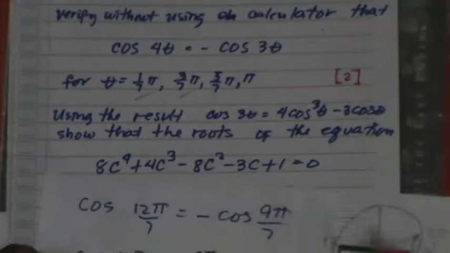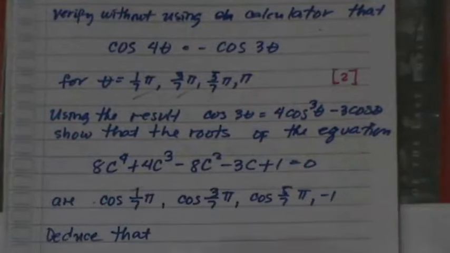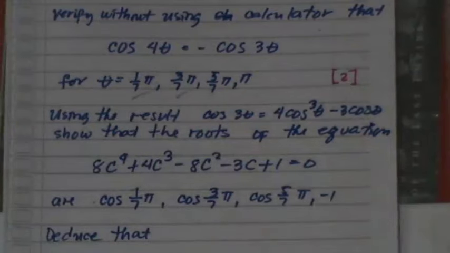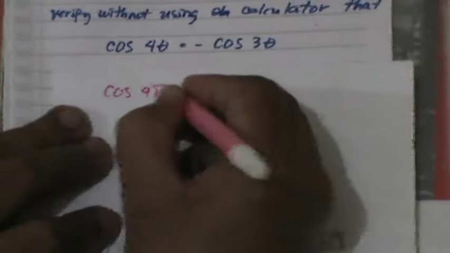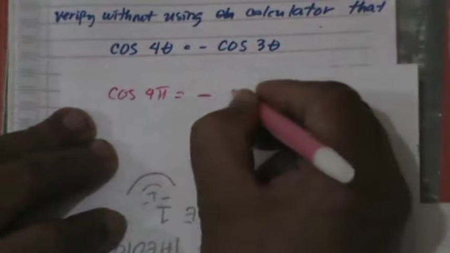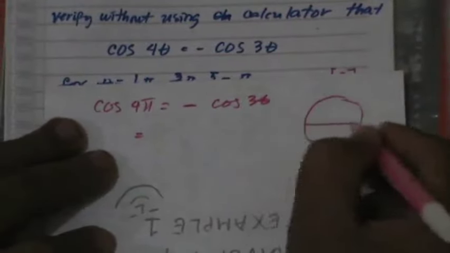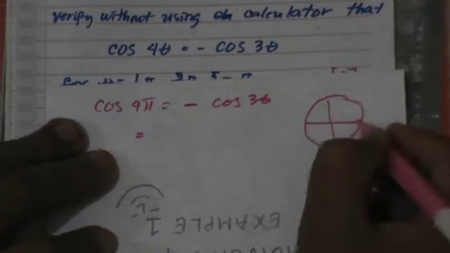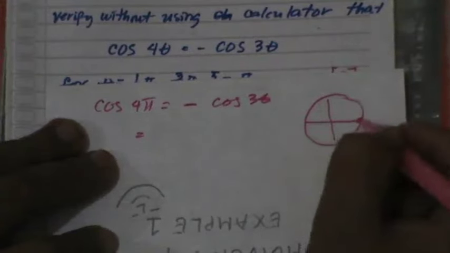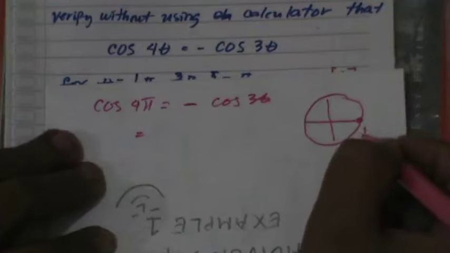And the last one is that you need to show that theta equal to pi is also a solution. Again, that's a bit easy because you can show that the cosine of 4 pi is equal to the negative of the cosine of 3 pi. And how are you going to do that? So again, if you have that pi there on the unit circle, okay, 4 pi is 0 to 2 pi to 4 pi. So that is 1 there, okay?